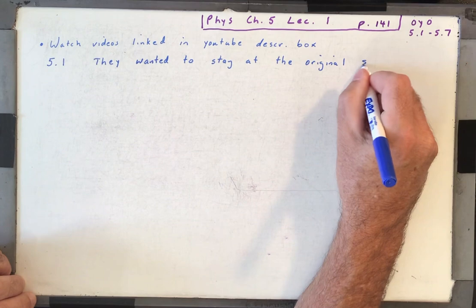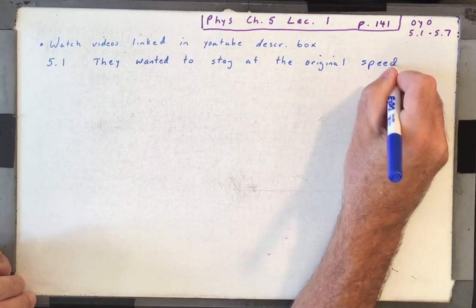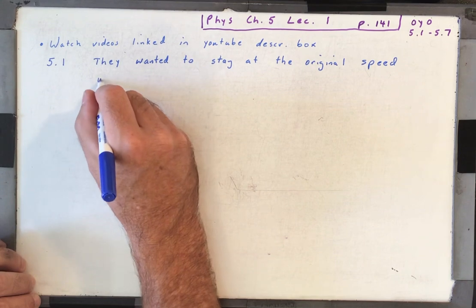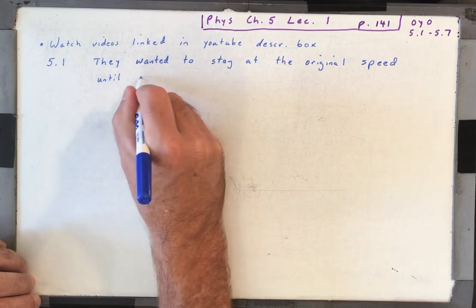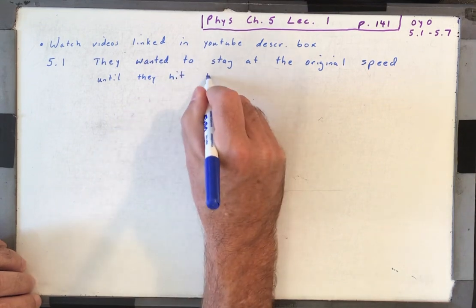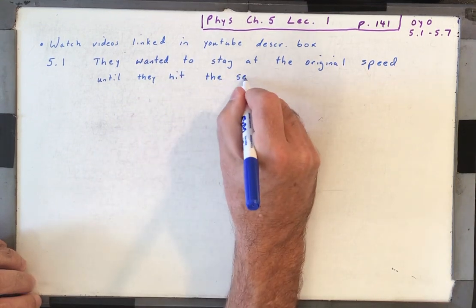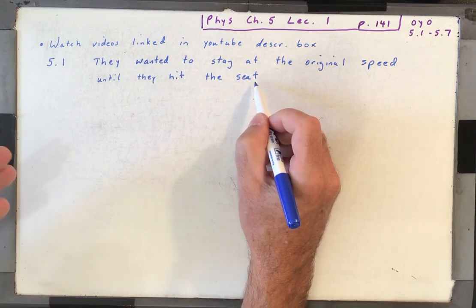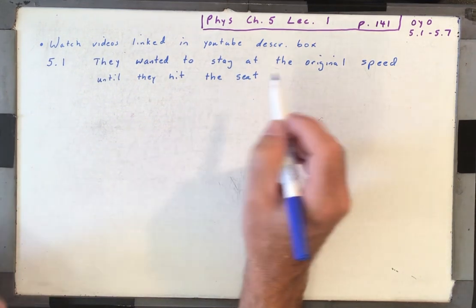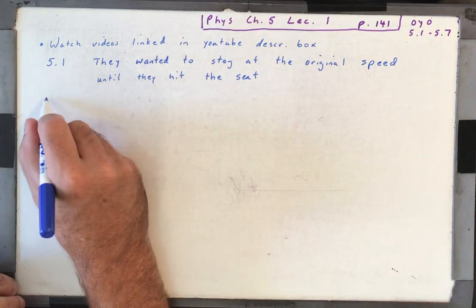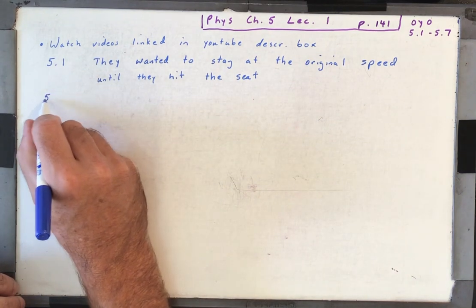And they did that until a force was applied. That force was when they hit the backrest, or the seat, the vertical part of the seat. When they hit that, a force was applied and it sped those packages up to whatever the car was going. All right, so pretty simple concept and something that you deal with in everyday life all the time.